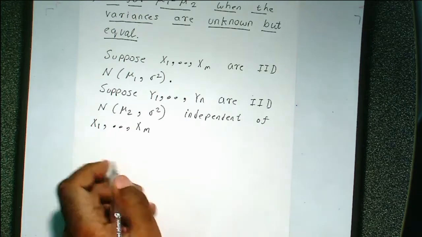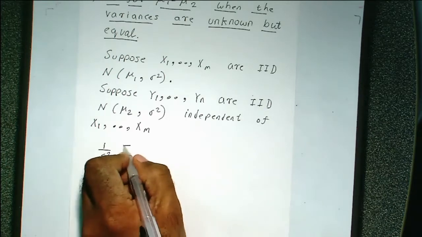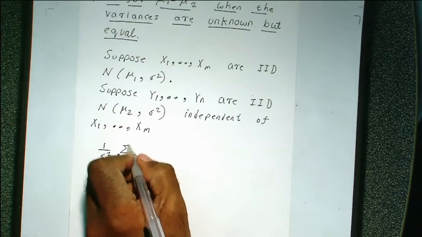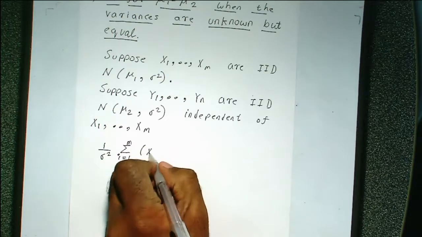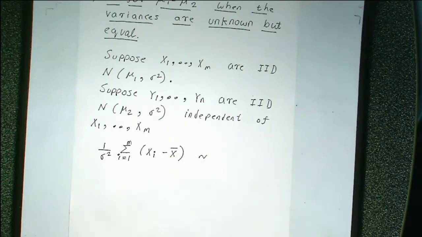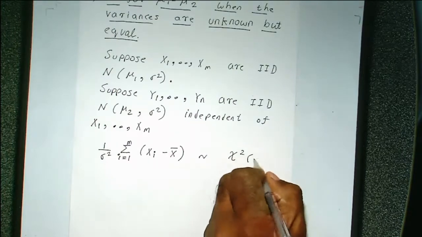So the first thing I'm going to ask you is, I'll be disappointed if you don't tell me what this is. What distribution will this have? Do you guys remember this? You've already forgotten. This will have the chi-square distribution with m minus 1 degrees of freedom.